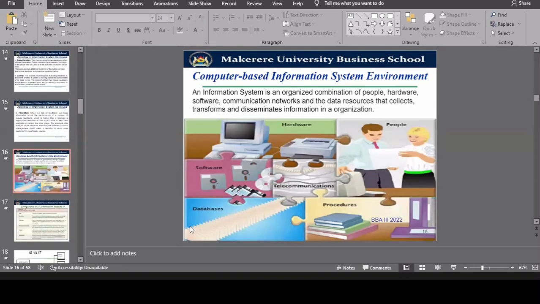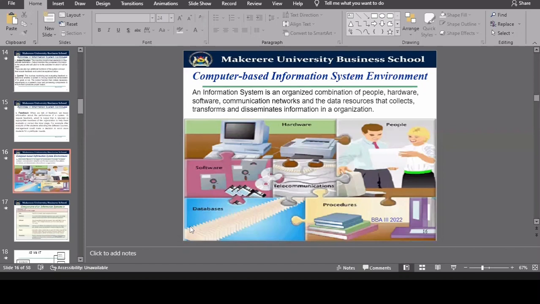Then the computer-based information system, where we say that is where we have elements of software, hardware, databases, procedures, all of those run by people. In our definition, we are saying it is an organized combination of people, hardware, software, communication networks, and the data resources that collects, transforms, and disseminates information in an organization.